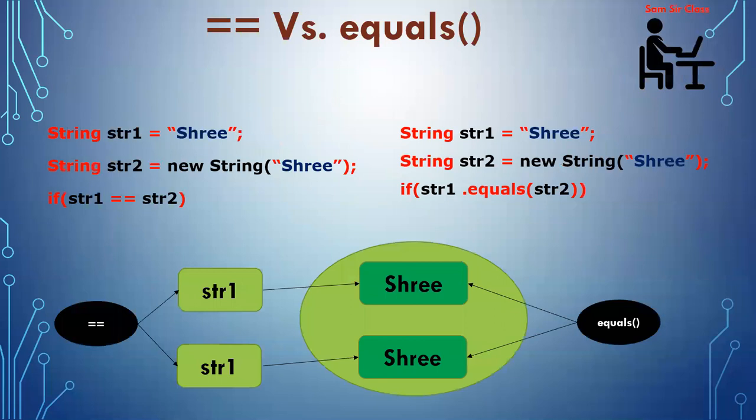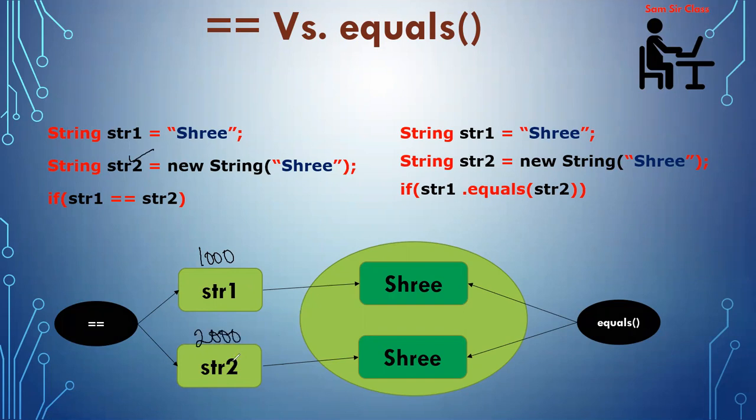Whenever you create an object, str1, the JVM will instantly allocate an address to that object. It will be a hexadecimal number, but for your understanding, suppose the JVM allocates 1000. Similarly, when str2 is created, another memory location, suppose 2000, will be allocated to str2.